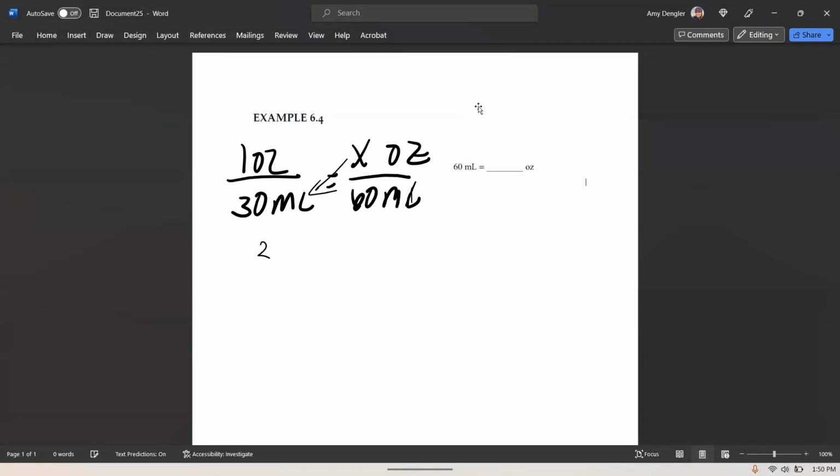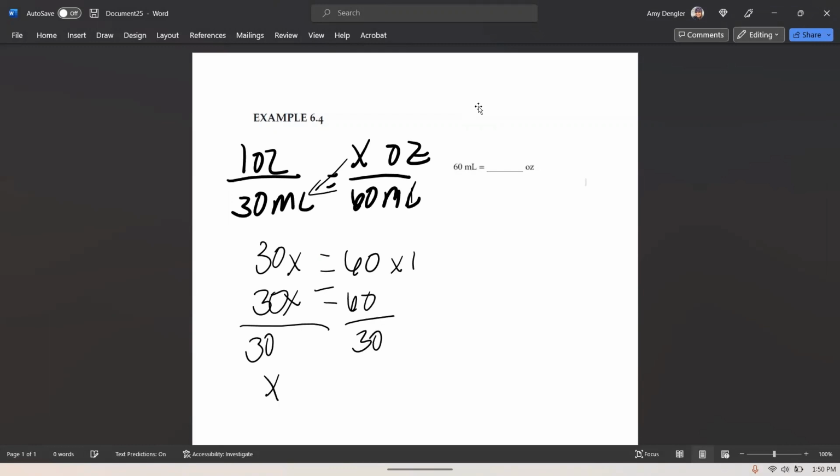But we can figure it out by going 30x is equal to 60 times 1, which is 60. 30x equals 60. We want to get x alone, so we need to divide both sides by 30. 60 divided by 30 is 2. So the answer is 2 ounces.